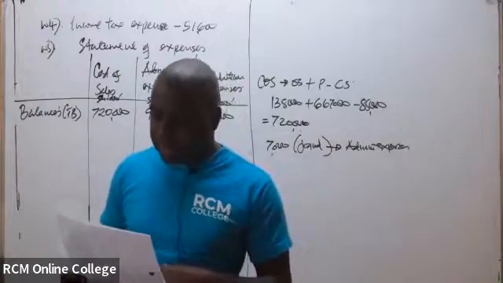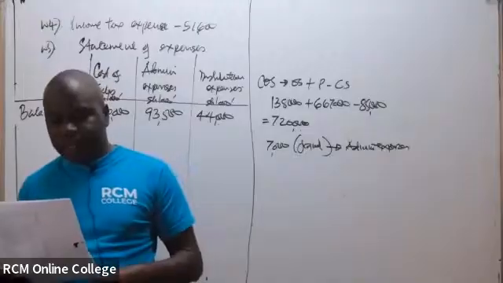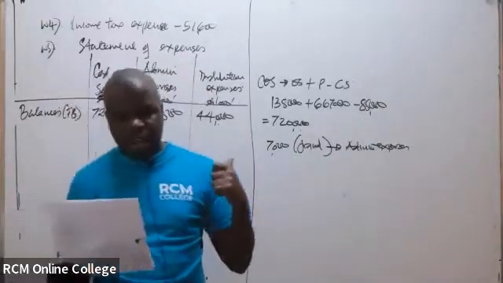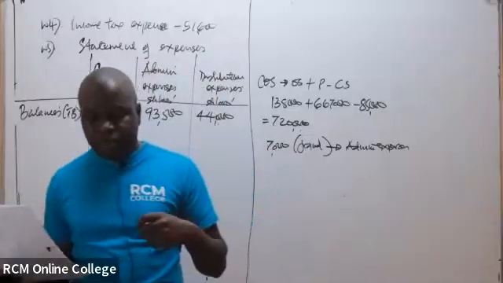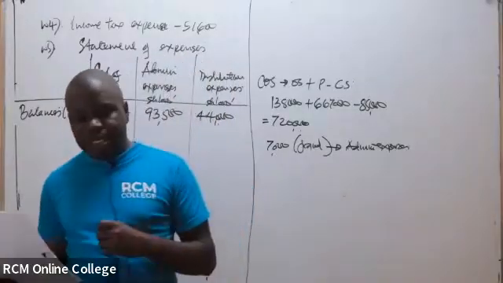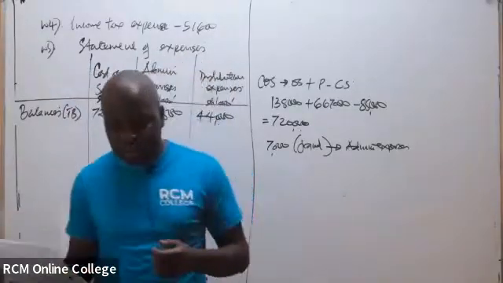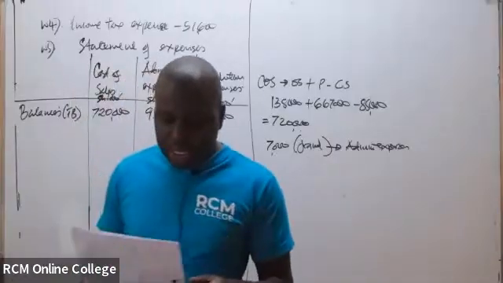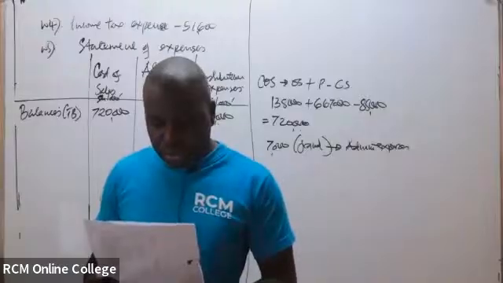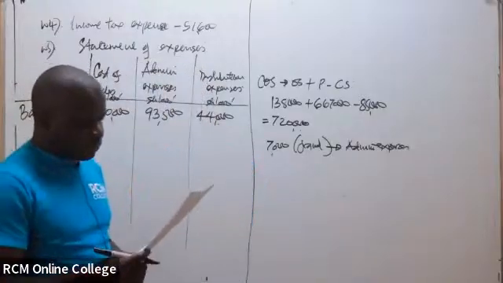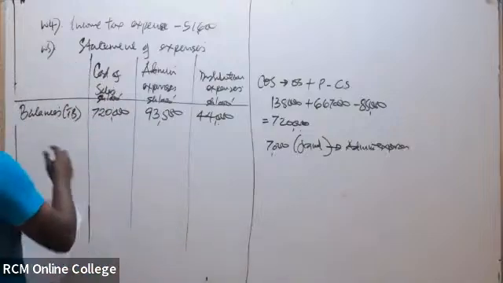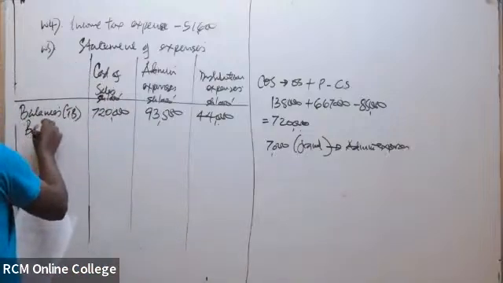Of this amount, 7 million relates to the year ended 31st of December, with the balance relating to the prior period. So the amount of 5 million is for the prior period, but this one is for the current year. Since it was by an administration staff, that was money that was lost. They won't be able to recover this money, so you can write it off as a bad debt.